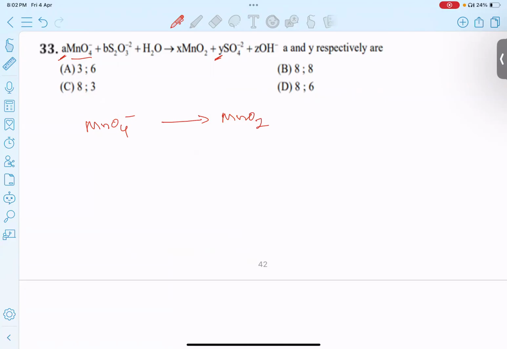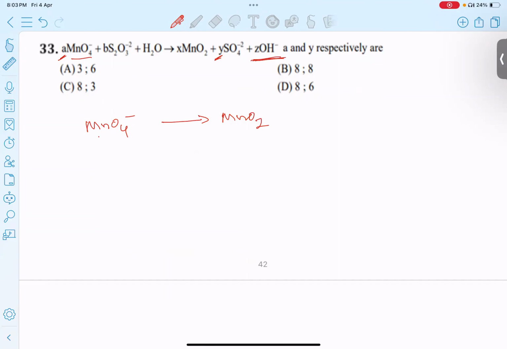The manganese atoms on both sides are balanced. Actually, this reaction takes place in alkaline medium.